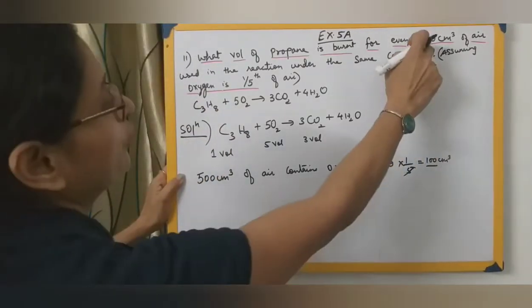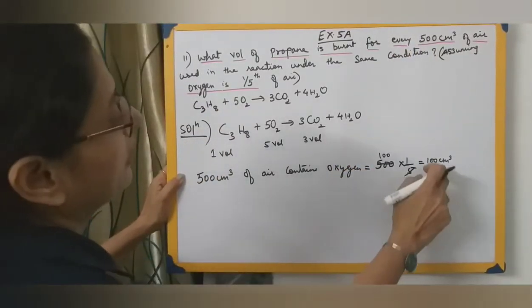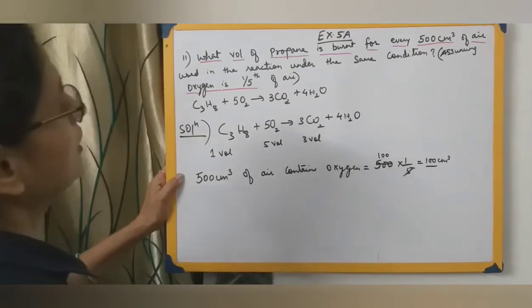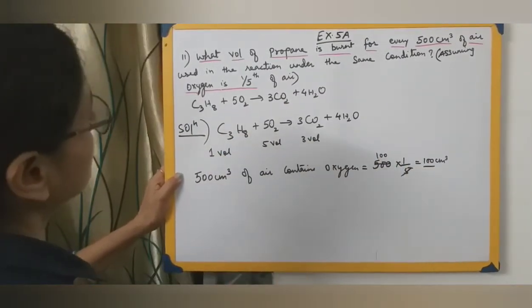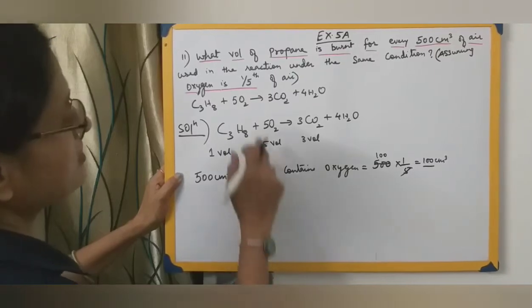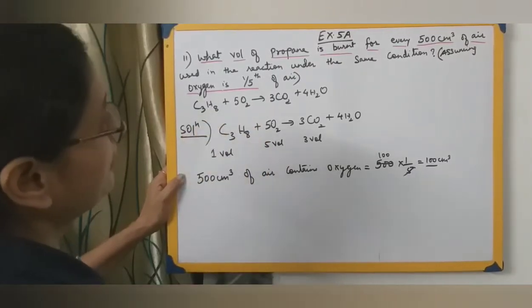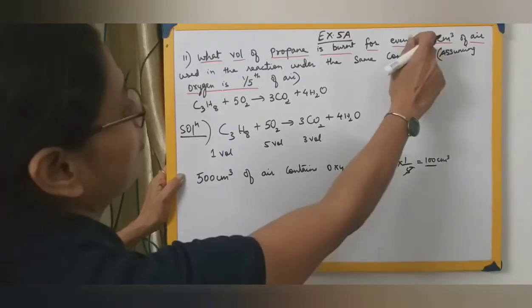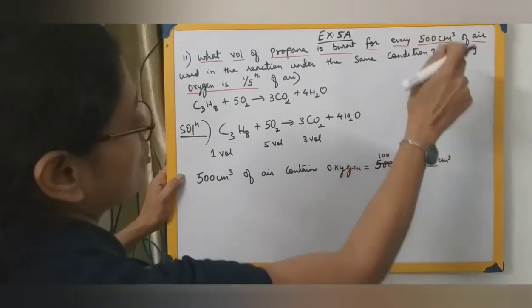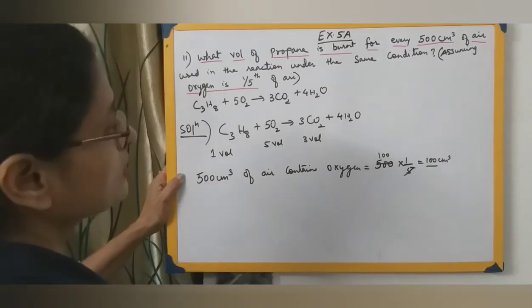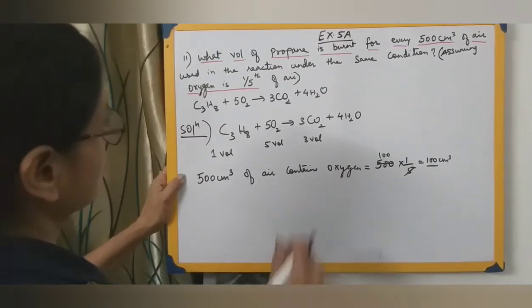That is, in 500 cubic centimeter of air, oxygen present is 100 cubic centimeter. Okay, so if oxygen present is 100 cubic centimeter, now we'll find out for this reaction how much propane has been burned for this 500 cubic centimeter of air which contains 100 cubic centimeter of oxygen.